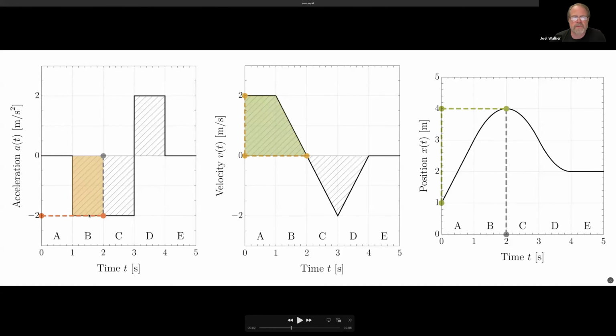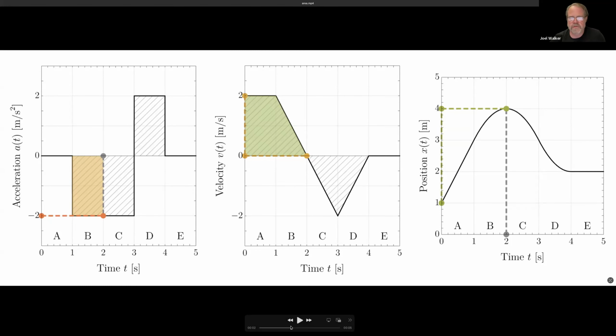So that's -2 blocks on the acceleration versus time graph. The accumulated area under the acceleration versus time graph is 2 meters per second, negative, because it's below the axis. How much has our velocity changed relative to where it started? 2 meters per second down.